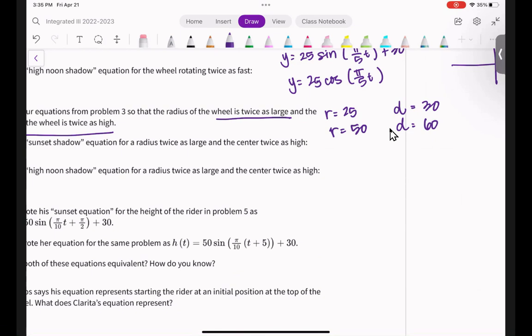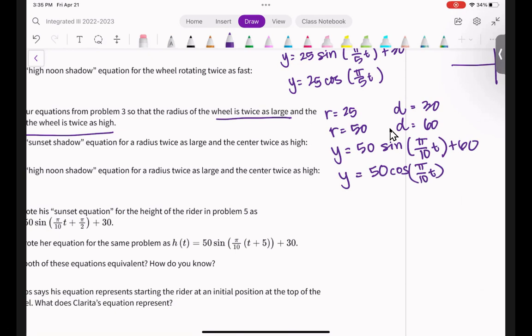Right? So then we're going to write that original equation. So that's going to be y equals not 25, but 50 sine of pi over 10 t plus 60. And same with y equals 50 cosine pi over 10 t.